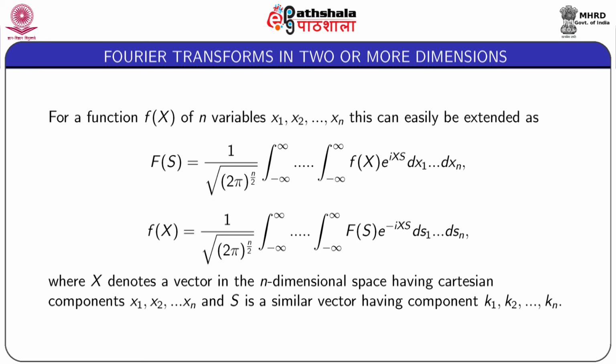Similarly, the inverse transform is defined in this form, where capital X denotes the vector in n dimensional space having Cartesian components small x1, small x2 up to small xn, and capital S is the similar vector having components small s1, small s2 up to small sn.